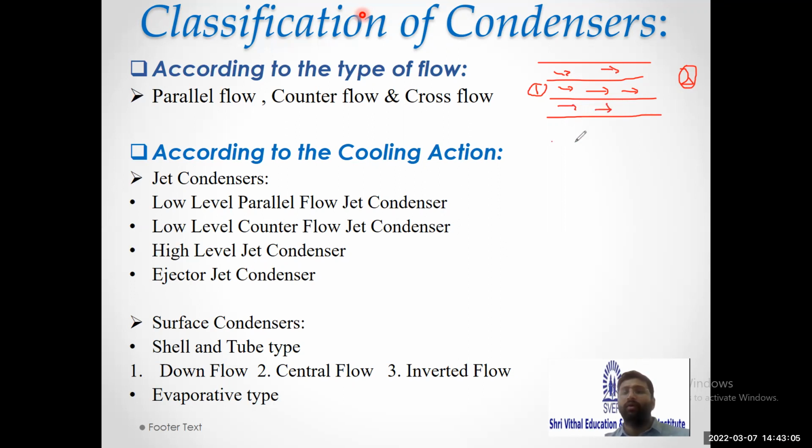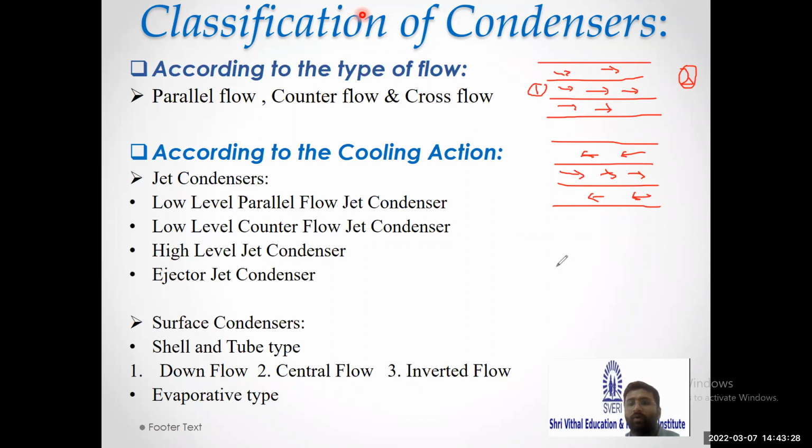Now counter flow, as you might have already guessed. In counter flow, the inner fluid, if it is moving in forward direction, the fluid number 2 will move in backward direction. So heat exchange takes place at these boundaries, at these surfaces.